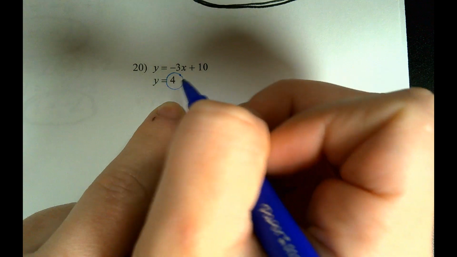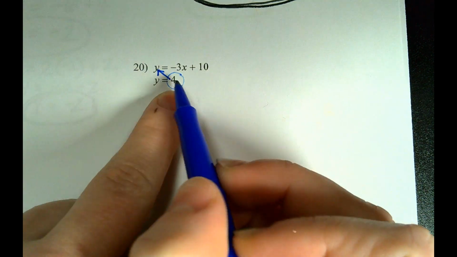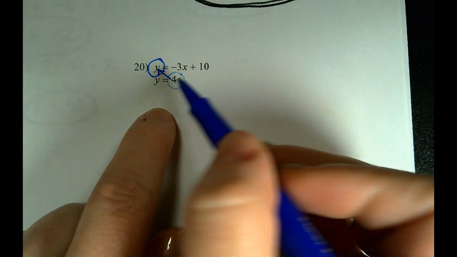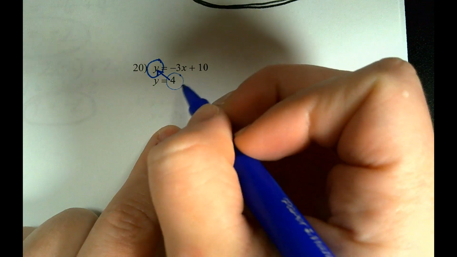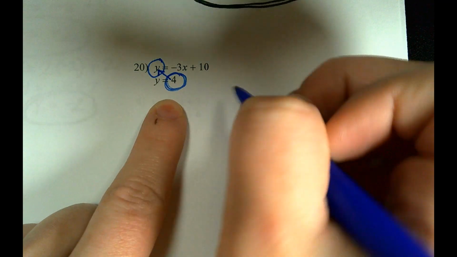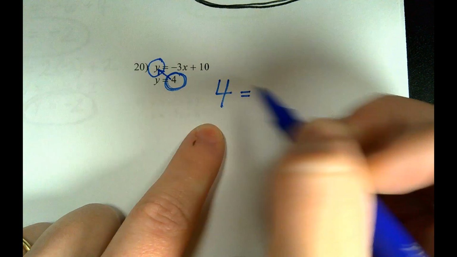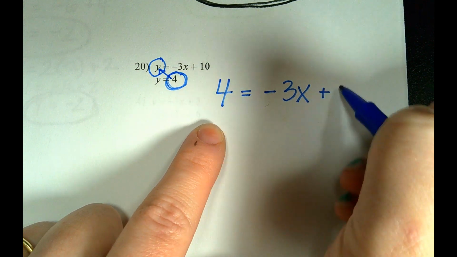That's right. I'm going to take my equation that has x in it, and I am going to replace y with 4. We're going to substitute it. So instead of y equals negative 3x plus 10, we're going to use the value they gave us: 4 equals negative 3x plus 10.